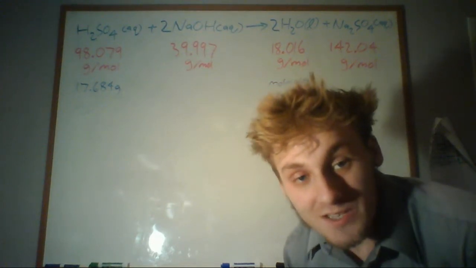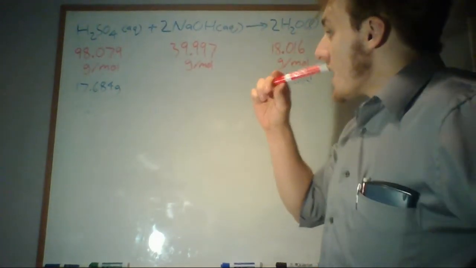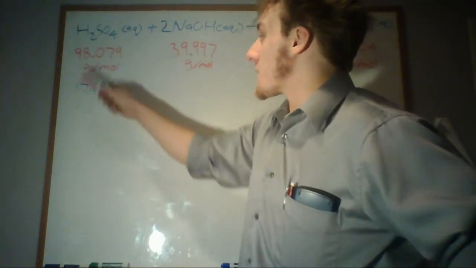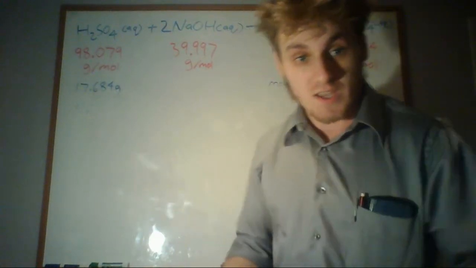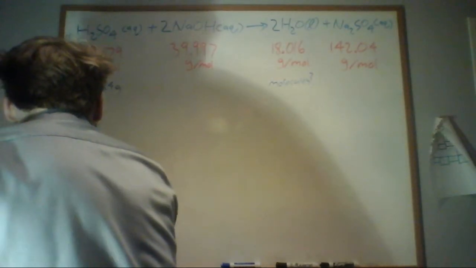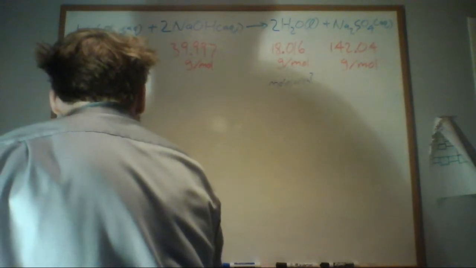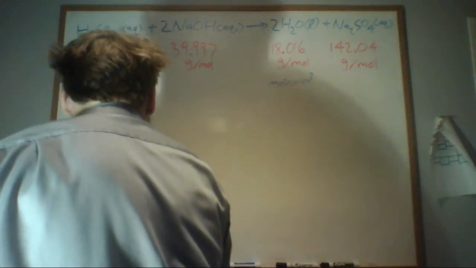So what we could do is, we could start with the grams of sulfuric acid, and then maybe with this molar mass here, we could convert to moles of sulfuric acid. So let me write that down somewhere. So, grams of H2SO4 to moles of H2SO4.